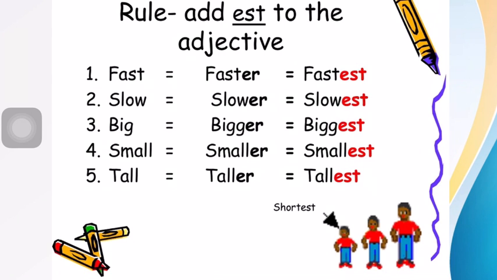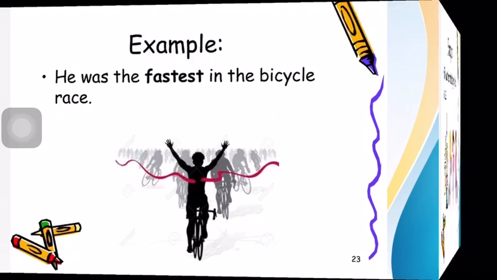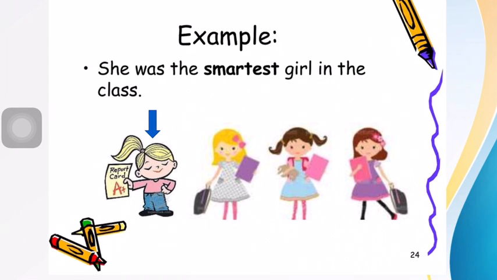Look at the picture. The boy is the shortest. Example: he was the fastest in the bicycle race. Next, she was the smartest girl in the class.